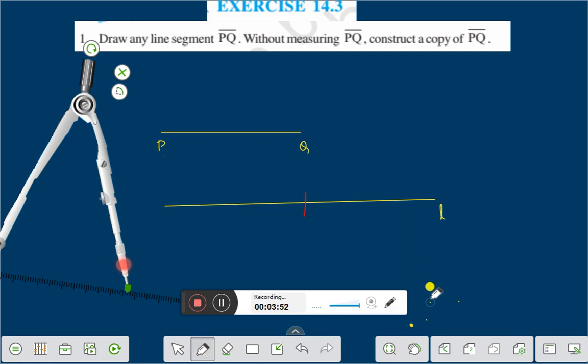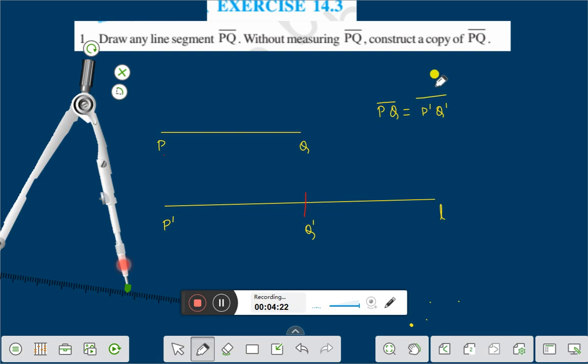If I write the name here as P dash Q dash, then we can say that line segment PQ is equal to line segment P dash Q dash.